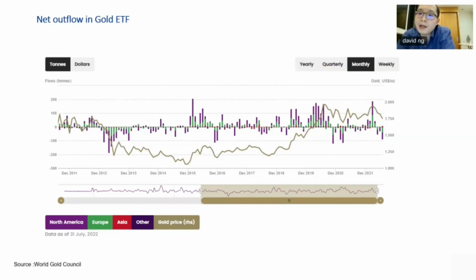Therefore, the price of gold couldn't even reach the 1,800 mark, which is a very critical resistance, and it couldn't break that. It's crucial to watch going forward. If outflows continue at this pace, gold prices would find it very difficult to make a short-term rally. That's where we really need to gauge ourselves, especially when you look at outflows and inflows of gold ETFs.